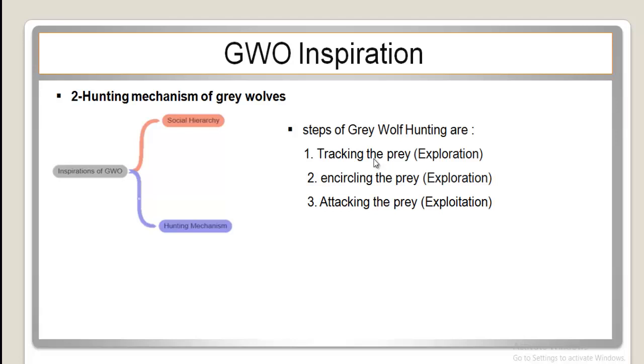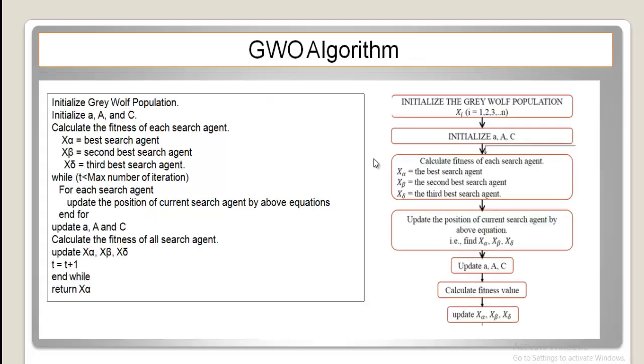So we are going deeply into the gray wolf optimization algorithm. We have to understand how the algorithm process works. We talked about the inspiration of the gray wolf optimization algorithm, from the social hierarchy and the hunting behavior of the gray wolves, and now we are going to talk more systematically about the process and how the algorithm works.